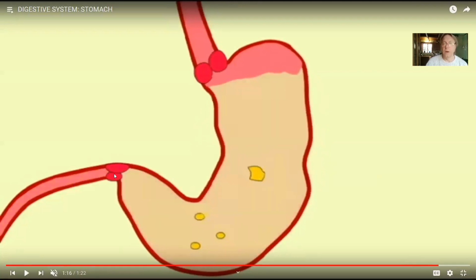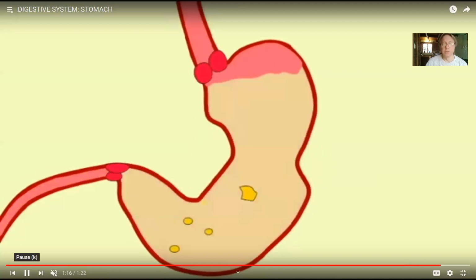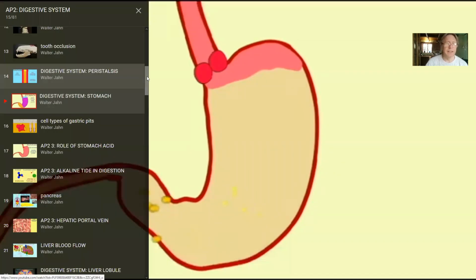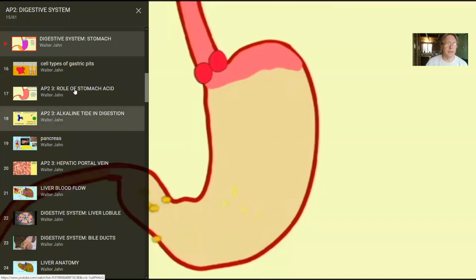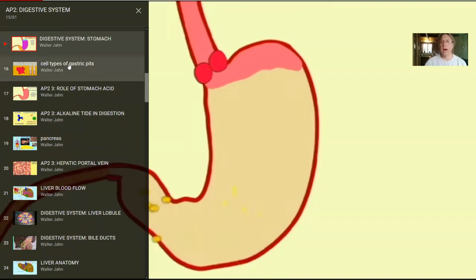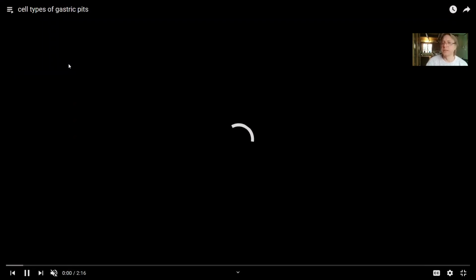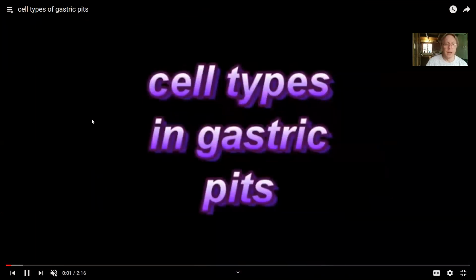And then when peristaltic waves bring the material towards the small intestine, the pyloric sphincter will open, allowing a bit to squirt through, while the rest of it will go back and be processed more. And so the stomach is primarily here for mixing. And along the stomach, there are different types of cells.